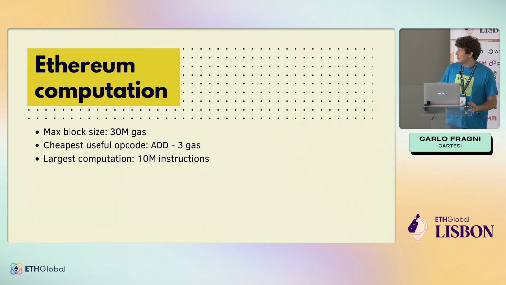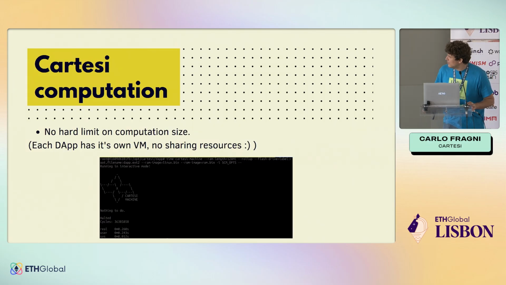Okay. Just as a comparison, this is hard to read, I guess. But in here I have a terminal, and in this terminal, I'm just booting the Cartesi machine and halting it, doing nothing, just booting Linux and shutting down. And this alone uses about 37 million RISC-V CPU cycles, which are much more complex than just adding.